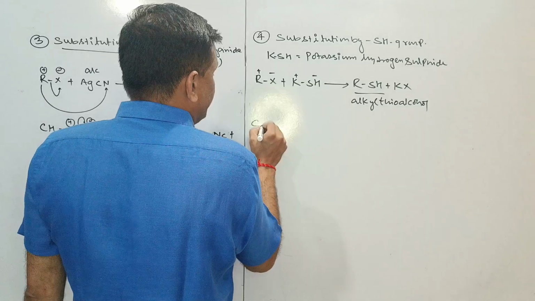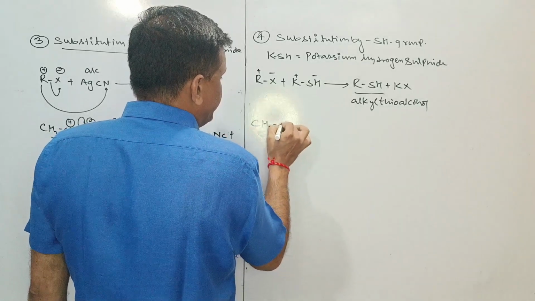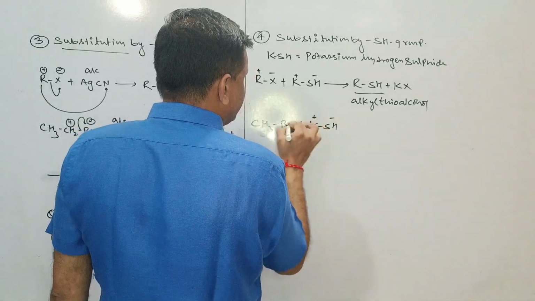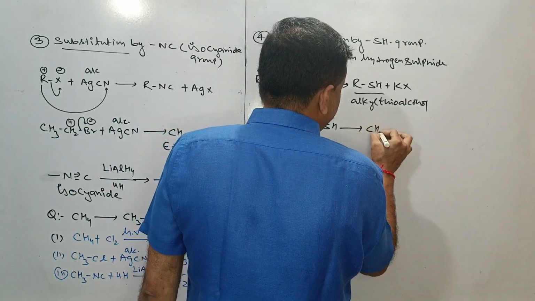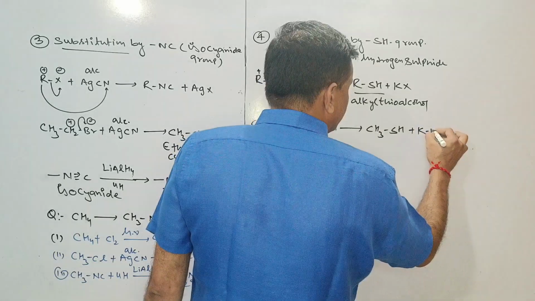If we go with the example, then this is CH3 and this is Br. Here is KSH, K+ and SH-. Here will be formation of CH3SH and here is the KBr.